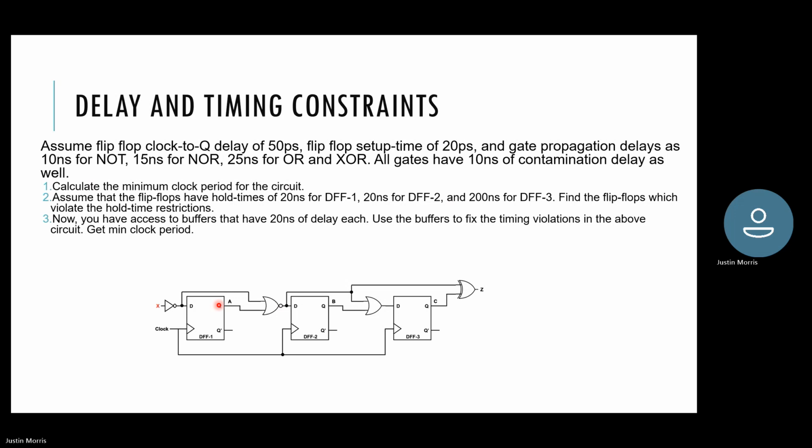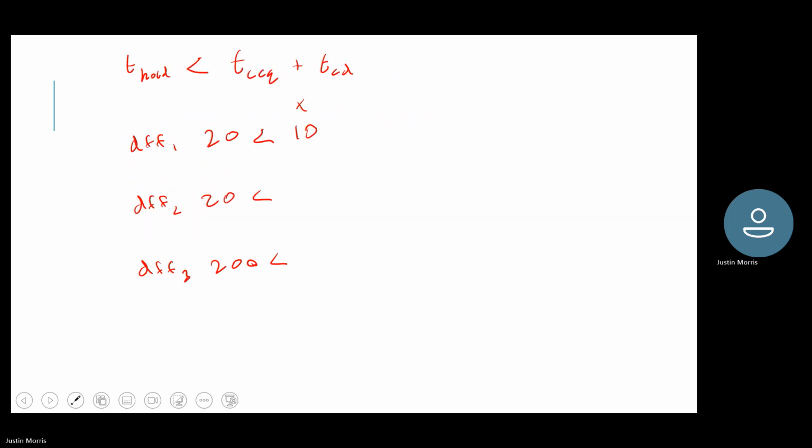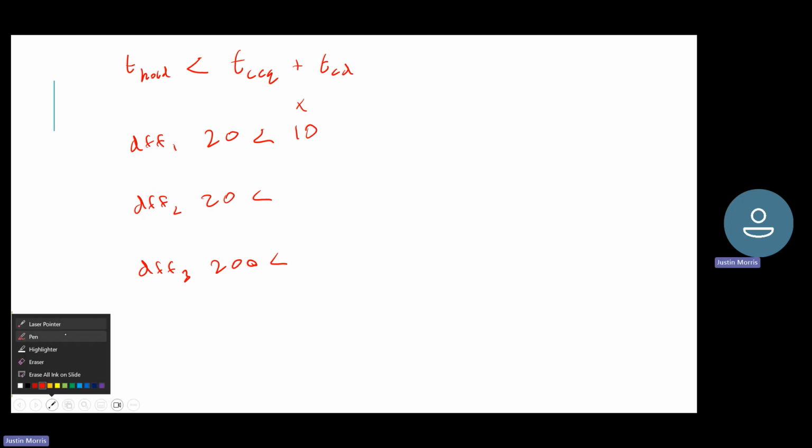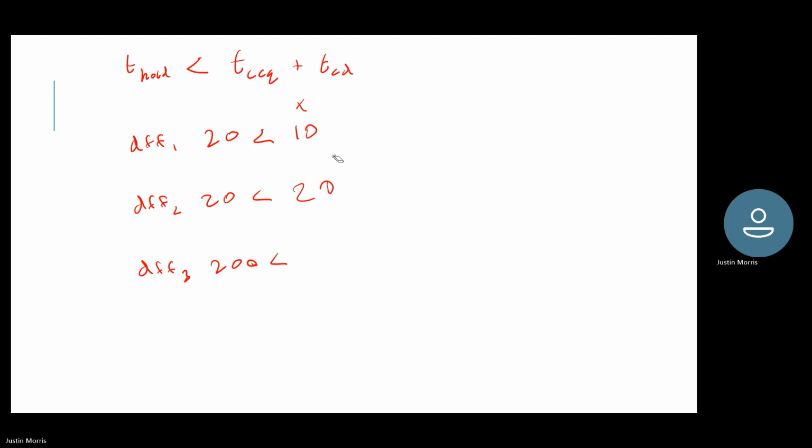The other path is also 10 plus 10, so 20. So D flip-flop 2, we are also unhappy, because 20 is not strictly greater than 20.